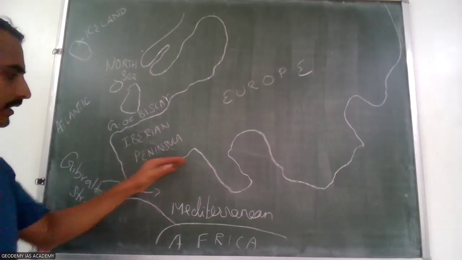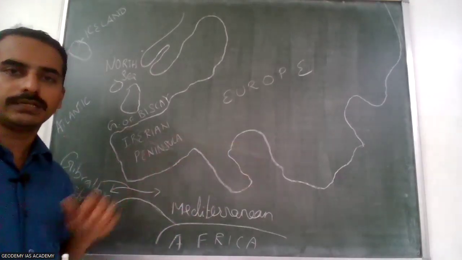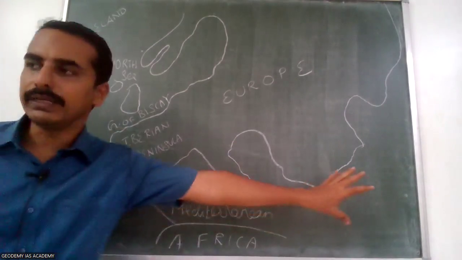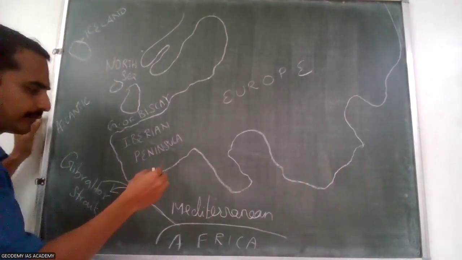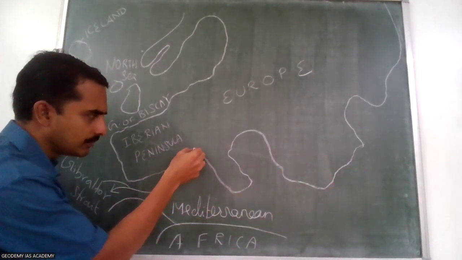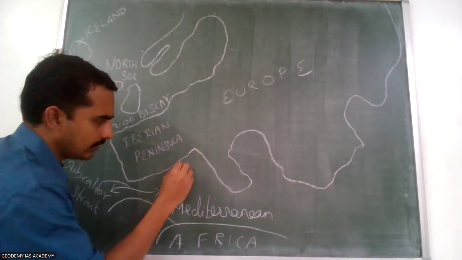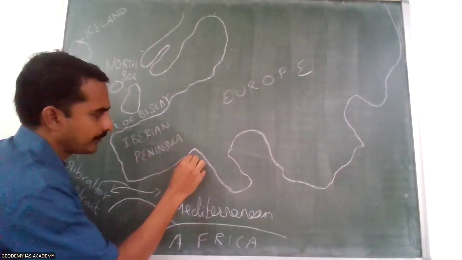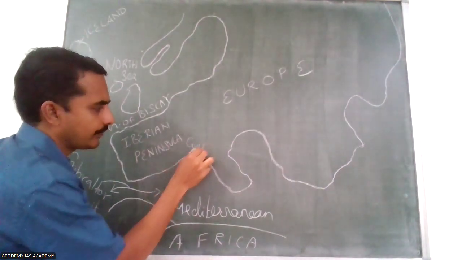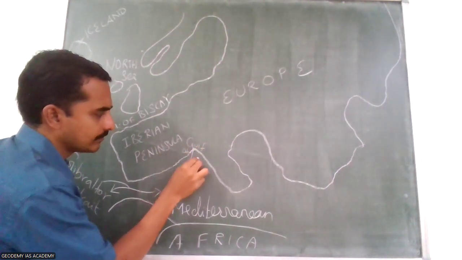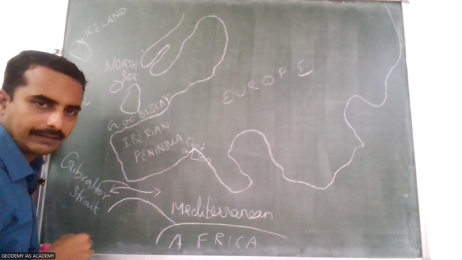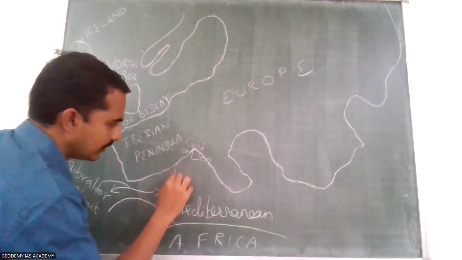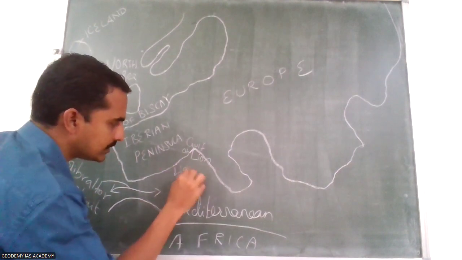Then in this part, many marginal seas are located. The entire sea is the Mediterranean Sea. Here in the northwestern part of Italy, it is the Gulf of Lion. And here a marginal sea is the Ligurian Sea.